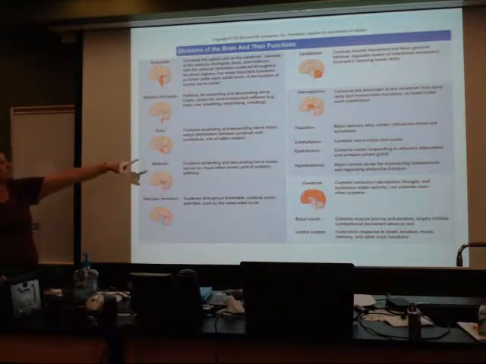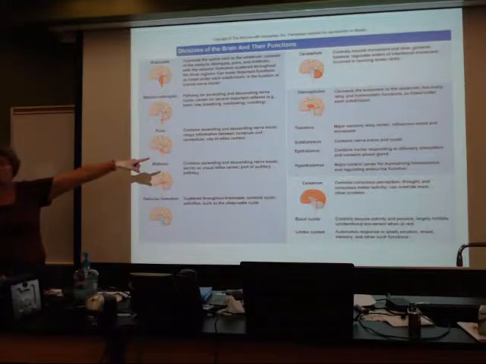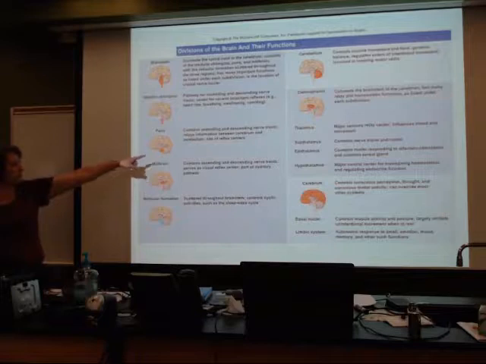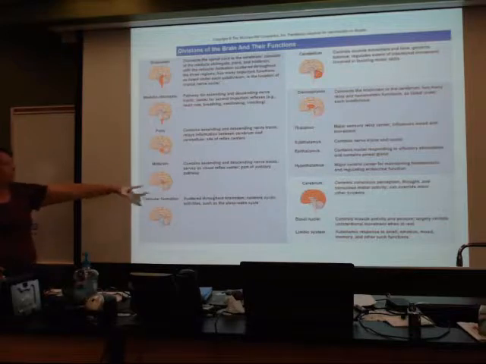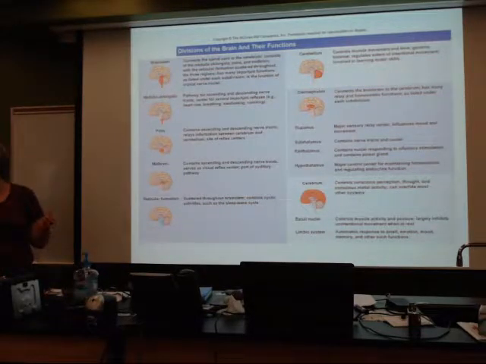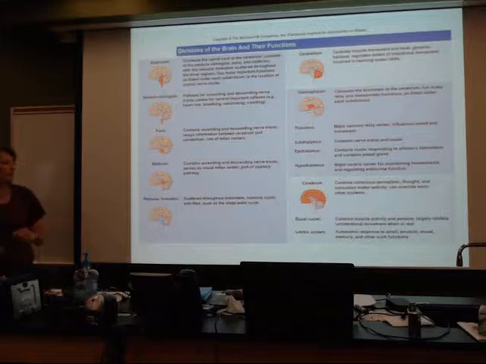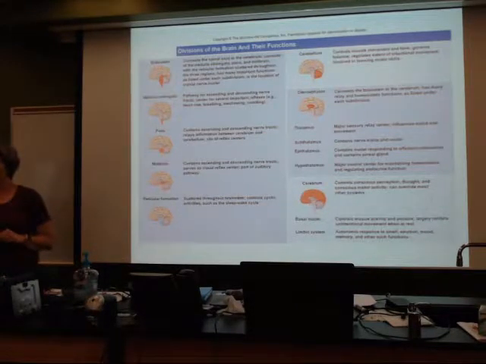The pons: information between the cerebrum and the cerebellum. Got a lot of reflex centers there. My midbrain: ascending, descending tracks that we just talked about. The visual reflex center, also part of our auditory.